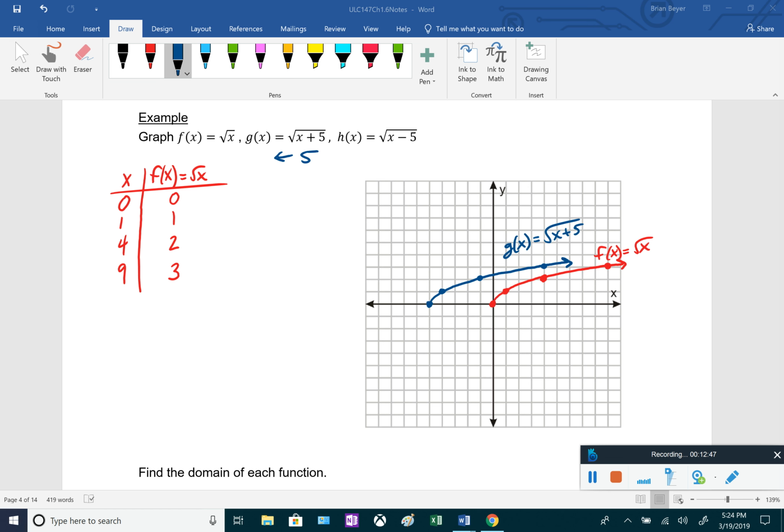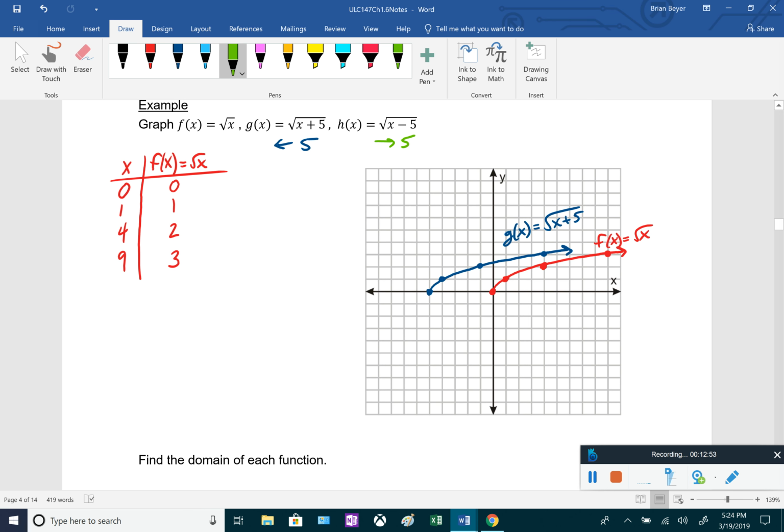And then the square root of x minus 5, it's minus 5, so it's to the right 5 units. So moving f of x coordinates to the right 5 units. I'm not going to be able to fit every coordinate on here. And it looks something like that.